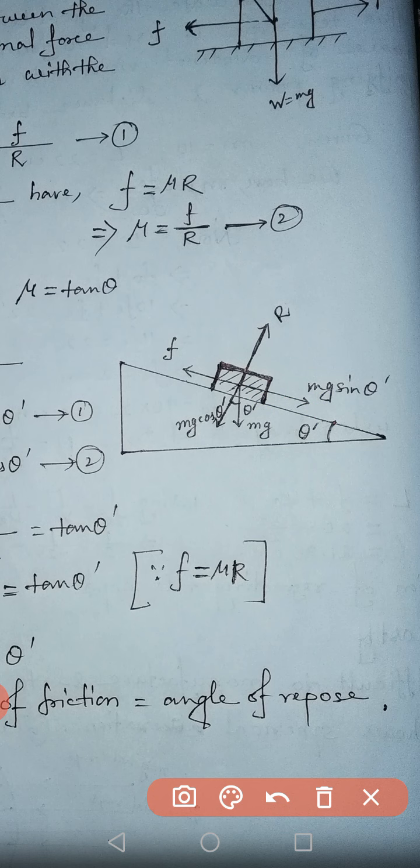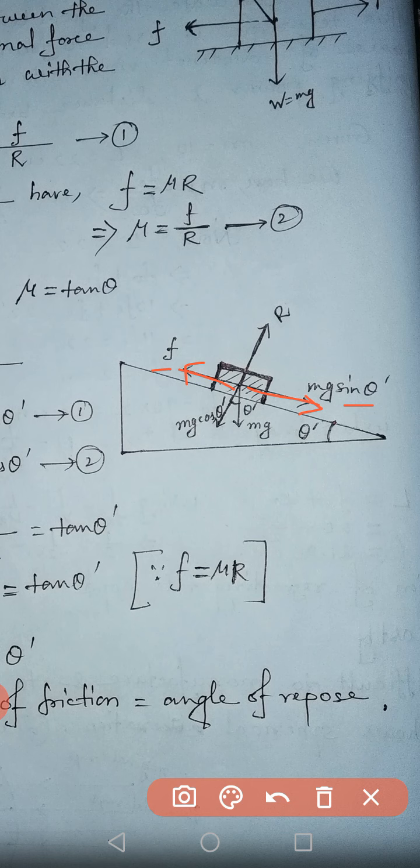But at the point where the object just starts to move, we can say that some frictional force is also acting on the object. Since the direction of motion of the object is this side, the frictional force will be in the backward direction, which is F, and this force and this frictional force will balance each other. That is the limiting case.